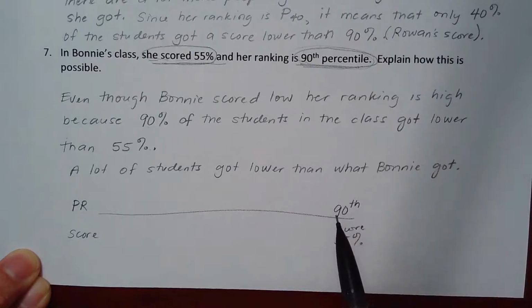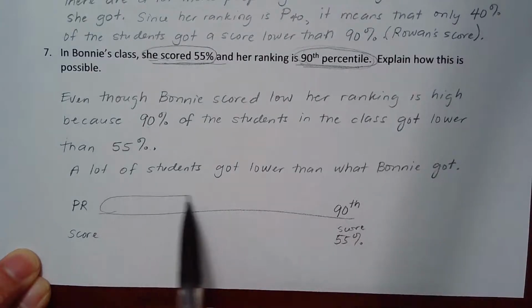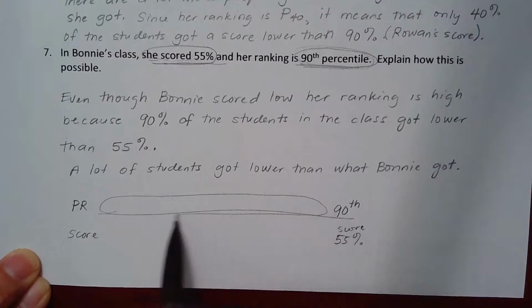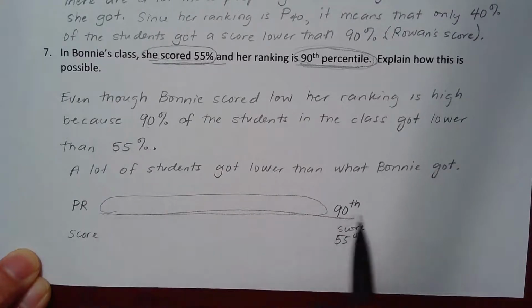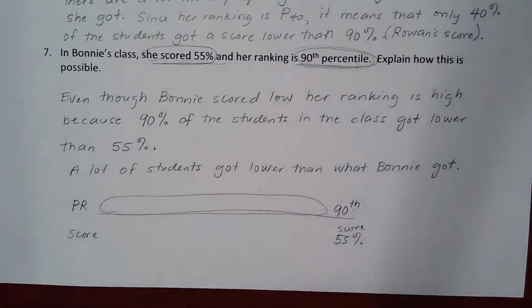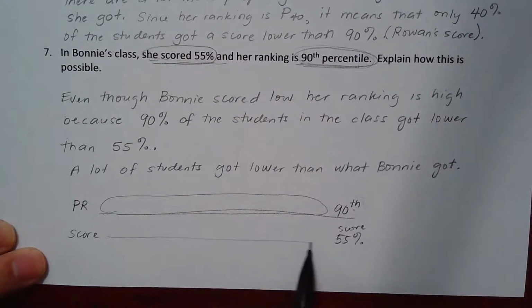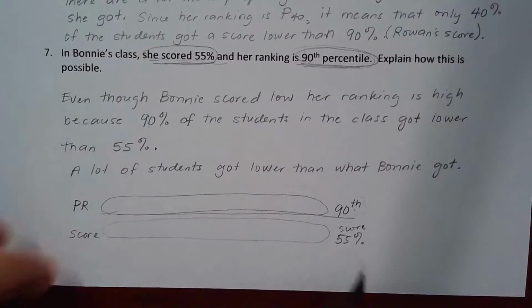So if we were to arrange all of the numbers from lowest to highest, she's on the 90th percentile, and that means all of these people got lower than 55.